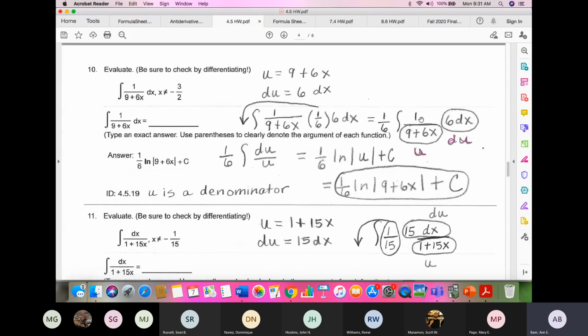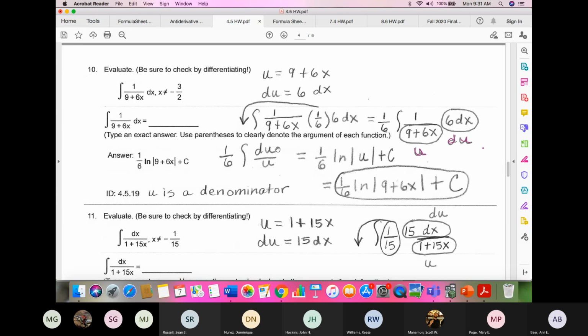We have 1 over u. So 1 over u means we're going to divide by u. And then we have 6 dx, which is our du. That du is in the numerator. So that's all we have here.